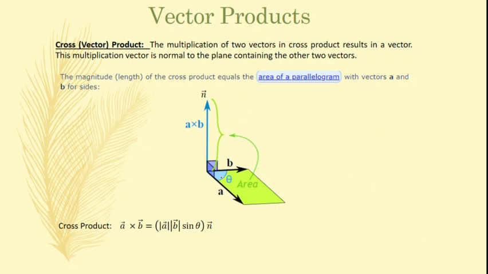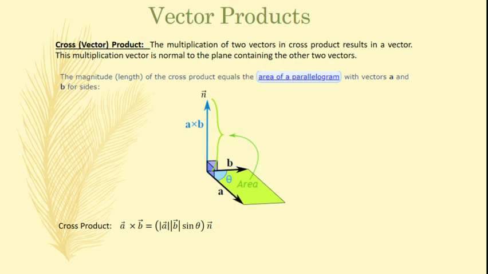Here suppose this one is a vector and this one is b vector, and if we take the cross product with this A and B, if we write A cross B, then we get another vector which is A cross B and which acts perpendicular to these two vectors, and it is actually perpendicular to the area which is made by these two vectors.